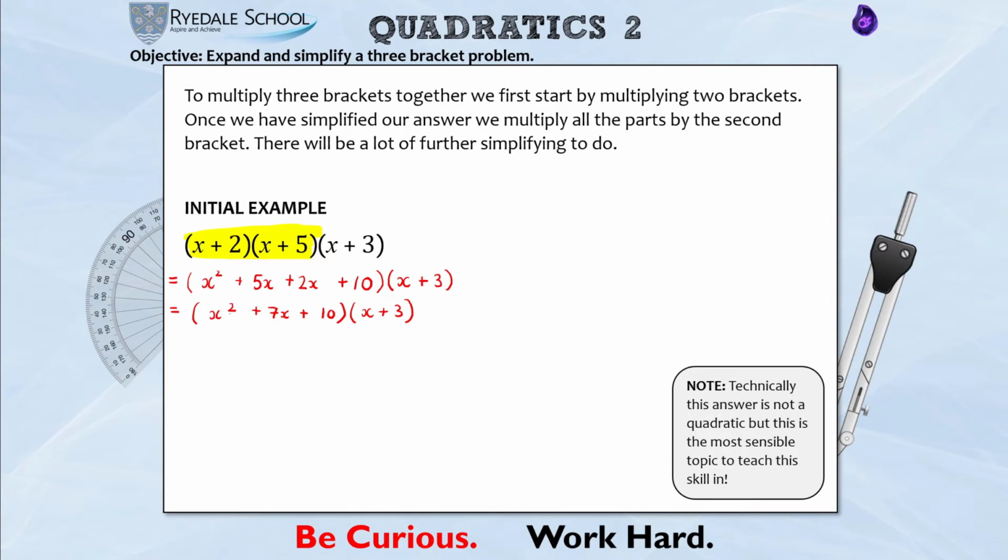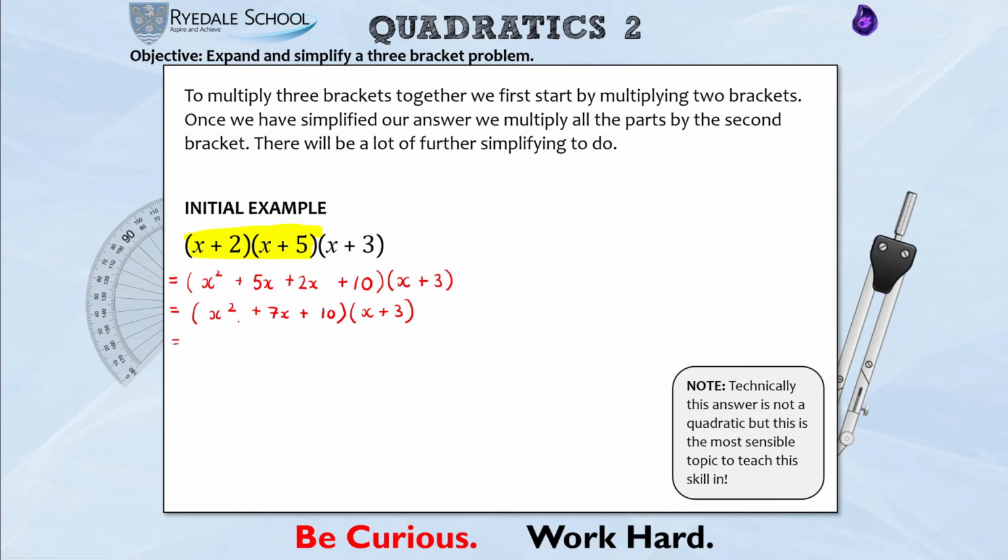After that, each of these terms in the first bracket also need to be multiplied by 3. So I'm then going to take them all and times them by the positive 3 as well. Now, because in this first example I've done lots of positive signs, we're not going to need to worry too much about the signs.